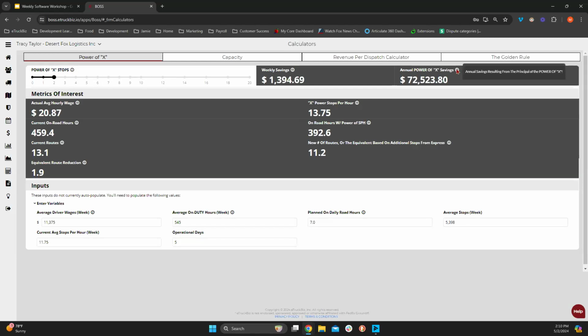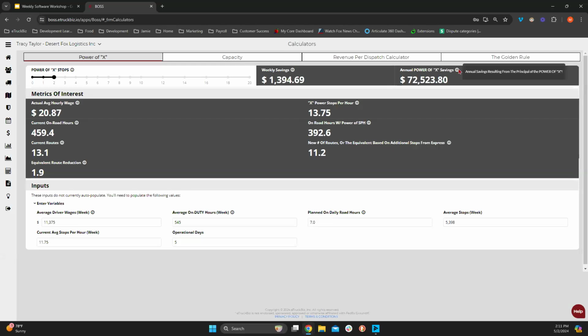Annually, in this situation with these variables, you would save $72,000 a year, which I'm sure in this economy is not some pennies. We like to see that amount of savings.